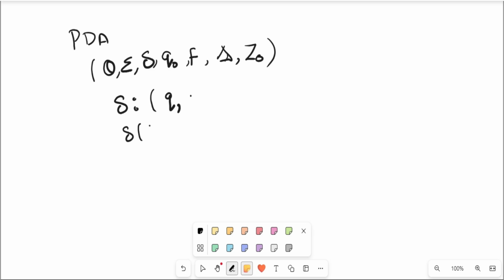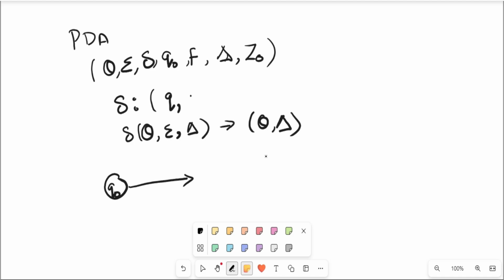The generalized transition function is delta of Q, sigma, gamma going to Q and gamma. It represents that if we are at any state q0, we get an input alphabet a and our top of the stack is z, finally we move to the state q1 and push a into the stack.